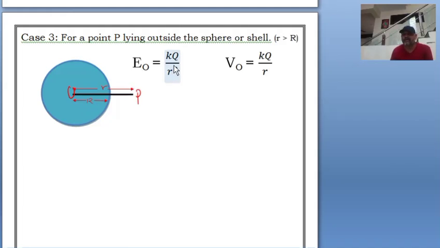And the potential outside the spherical shell is equal to kq divided by r, where r is the distance of the point P from the center.